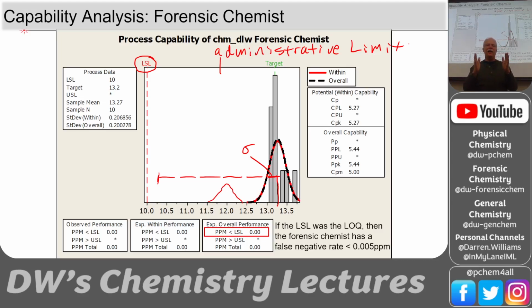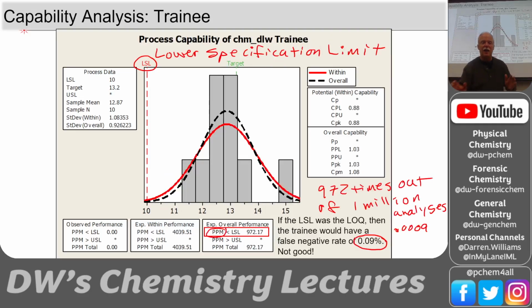Now, the forensic chemist could have an administrative limit at 12. And so only in that real narrow gray area would they have to reanalyze. But it's based on sigmas. So for the trainee, 4 of those sigmas would push us way up to, probably, 20. And now they're reanalyzing their data all the time, because they get more hits inside 20 and 10.